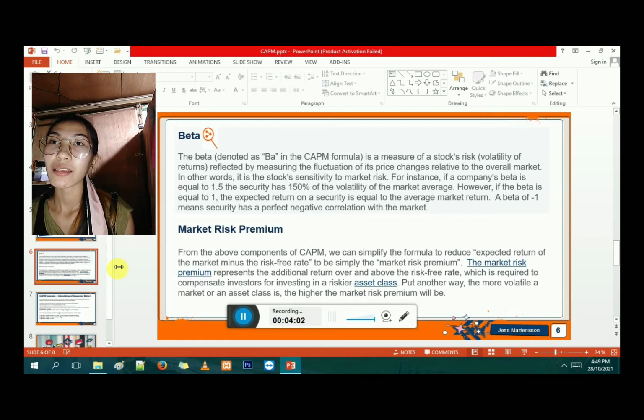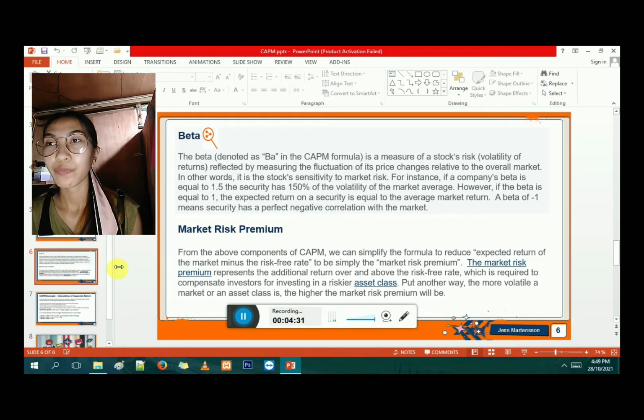For instance, if a company's beta is equal to 1.5, the security has 150% of the volatility of the market average. If the beta is equal to 1, the expected return on a security is equal to the average market return. A beta of -1 means the security has a perfect negative correlation with the market.